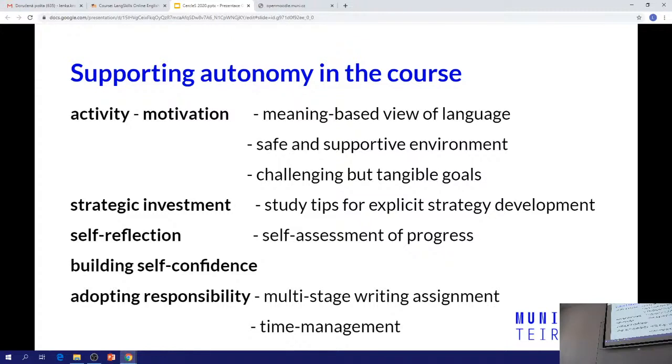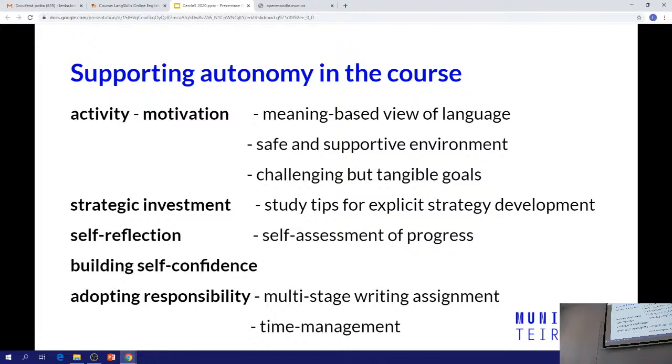Also, an active learner is a strategic learner, and we included study tips in every unit of the course, which is an explicit strategy instruction moment. And this is something that we found very important especially for this group of students, even though it may be more general.